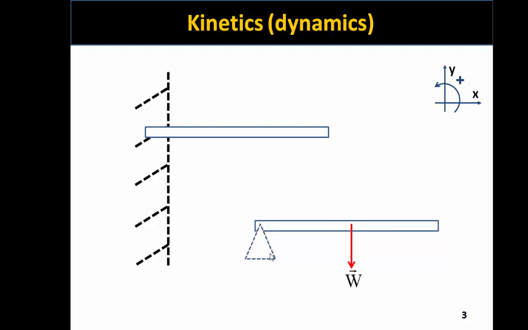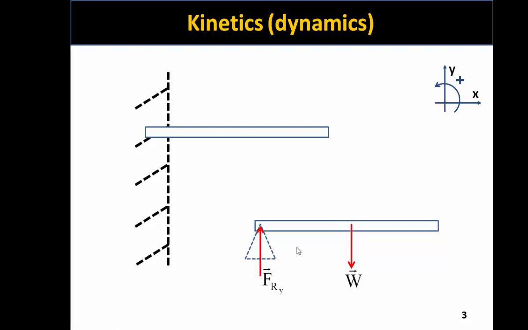This external contact will prevent the system of interest, the rigid bar, from experiencing pure translation vertically, and pure translation horizontally. It does so because of the nature of the connection between these two pieces right here.